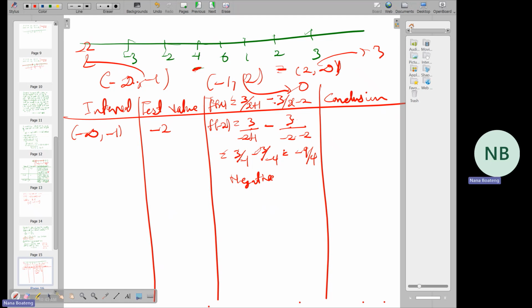So the statement f of x greater than 0 for all x in the interval -infinity to -1 is false.